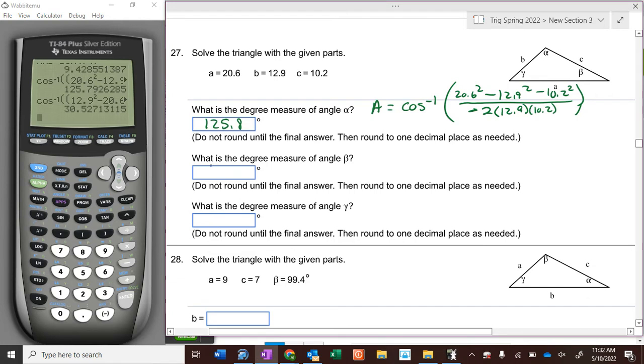And you get 30.5. And then that's 156. So you have 23.7 left. Okay.